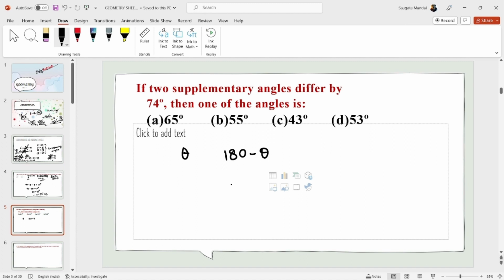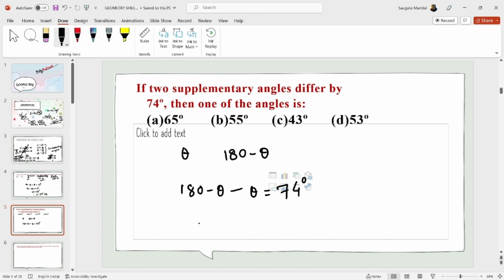And here it is given that the difference of these two angles, original angle and supplementary angle, is 74 degree. That means 180 degree minus theta, that is the supplementary angle, minus the original angle theta is equal to 74 degree.